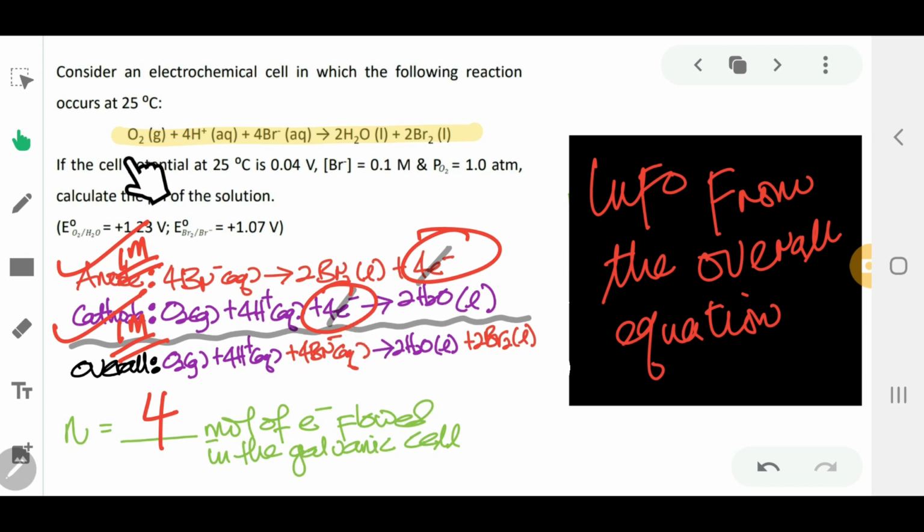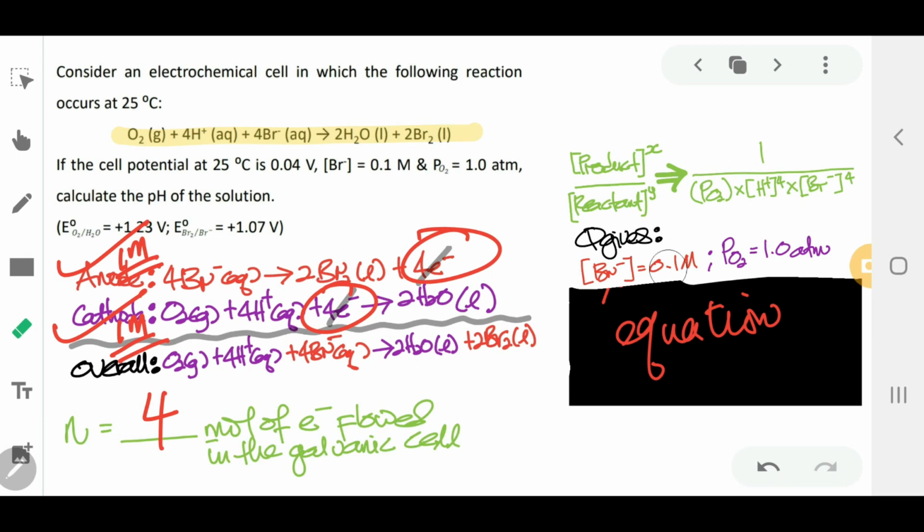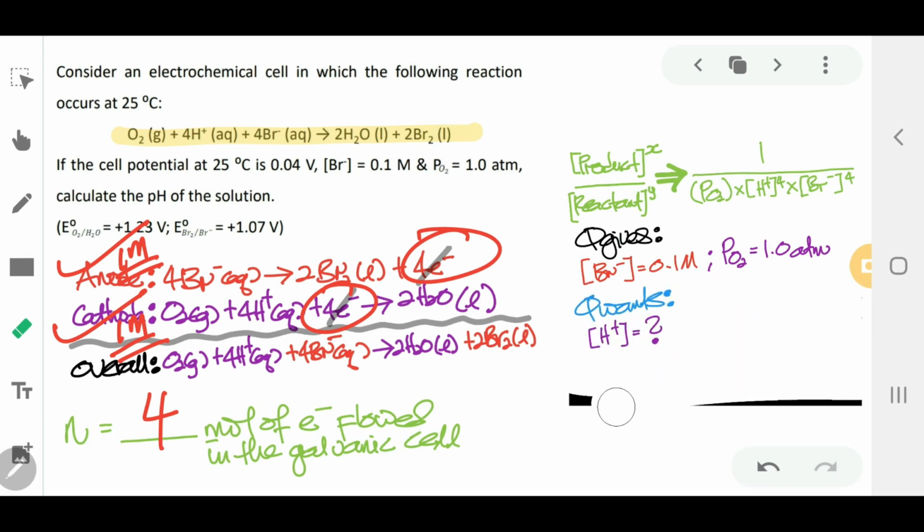And from the overall cell reaction, we should be able to find out the information about the quotient. So you have the concentration or the pressure of products to the power of X over the concentration or the pressure of reactants to the power of Y. Why do we have 1 over here?